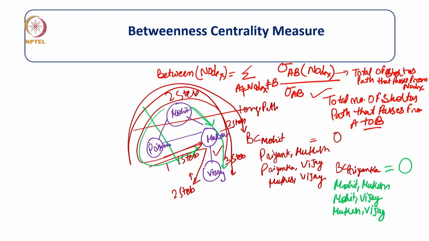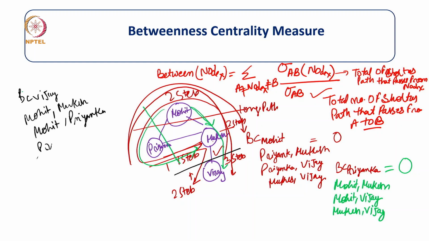Now if we calculate the betweenness centrality of Vijay, we have to calculate the shortest path between Mohit and Mukesh, then Mohit and Priyanka, and then Priyanka and Mukesh.